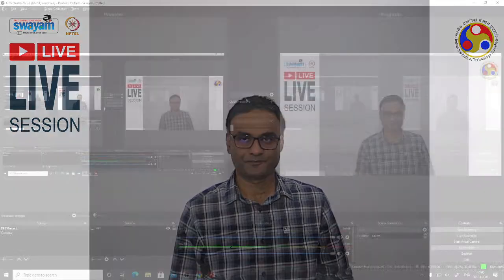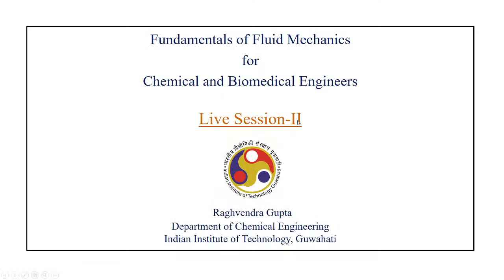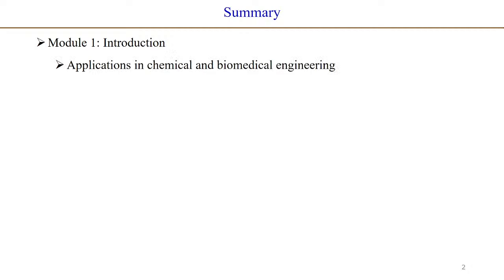So the first module was about the introduction, where we covered the basics: what is a fluid, what are the fluid properties and its application to chemical and biomedical engineering. We discussed the cardiovascular system, the pulmonary system and other organ systems in our human body where fluid mechanics plays an important role.